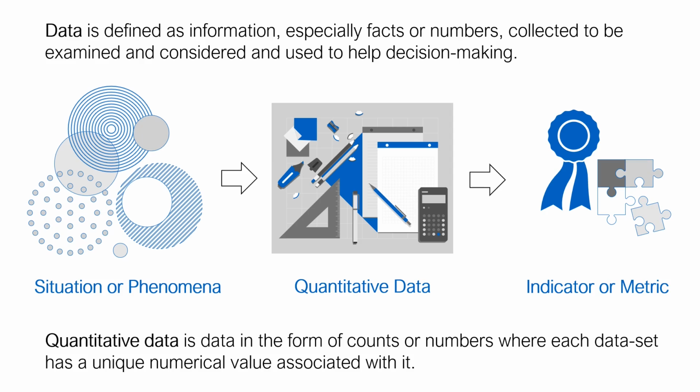Data in quantitative terms alone may not be sufficient to make a direct assessment, and a final step may be required to combine different quantitative data sets and compare them against historical thresholds to understand what the data is telling us. This is the step of calculating indicators or metrics describing the state or trend.